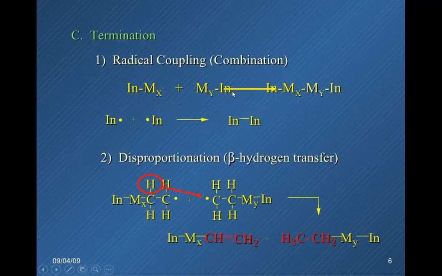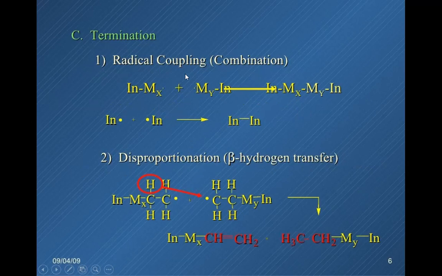After that, termination takes place. Termination occurs either by the combination reaction, which is also known as radical coupling, or it is terminated by a process called beta hydrogen transfer, also known as the disproportionation reaction.